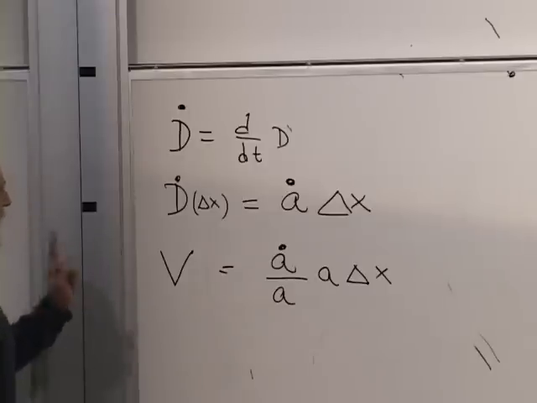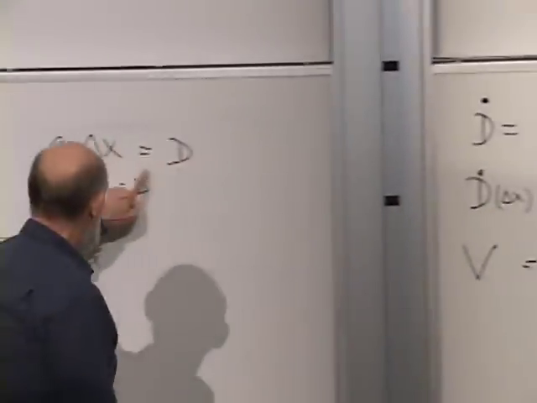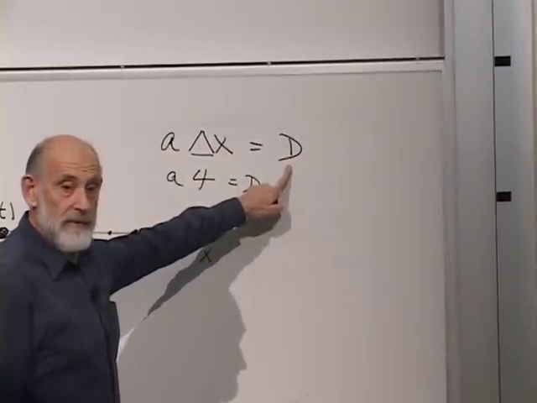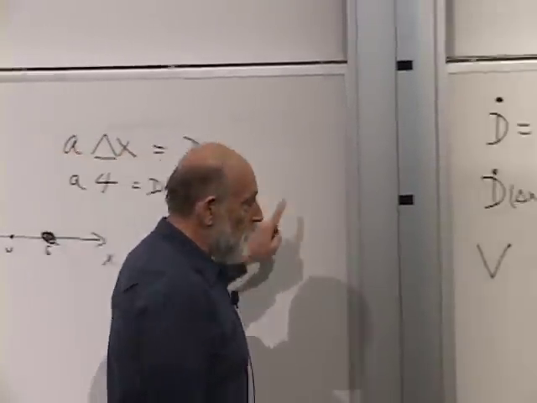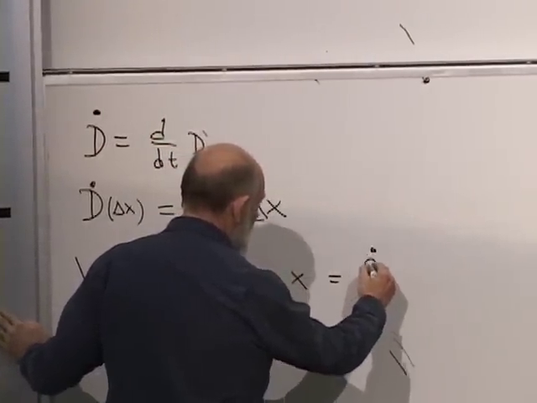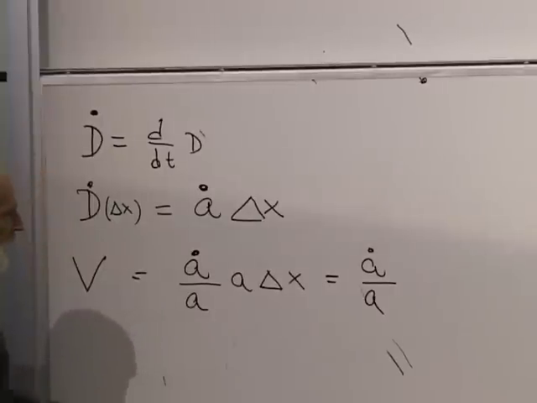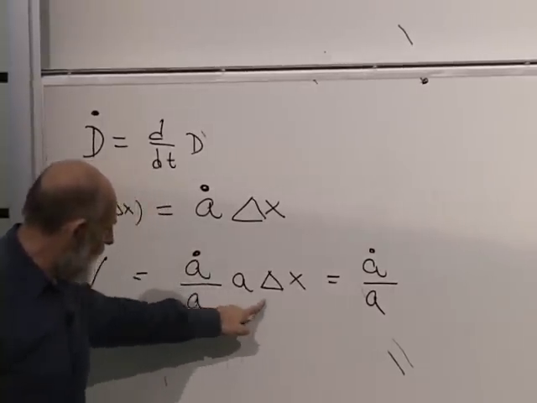Well, let's look at it. Here's A times delta X. What is that? That's D. Okay? So I can rewrite this as A dot over A, that's the ratio of the rate of change of A to A itself times the distance.